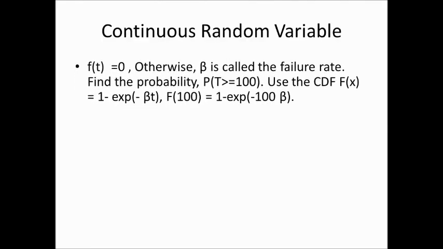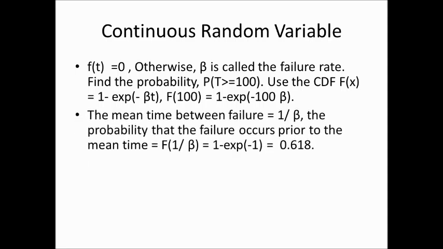What you're interested in finding out is the probability that the time to failure is over 100. So we use the CDF. From the PDF to the CDF, the conversion comes out to be 1 minus exponential of minus beta t. I'll attach a handwritten note to show how you do that conversion from PDF to CDF. So F of 100 is 1 minus exponential of minus 100 beta.